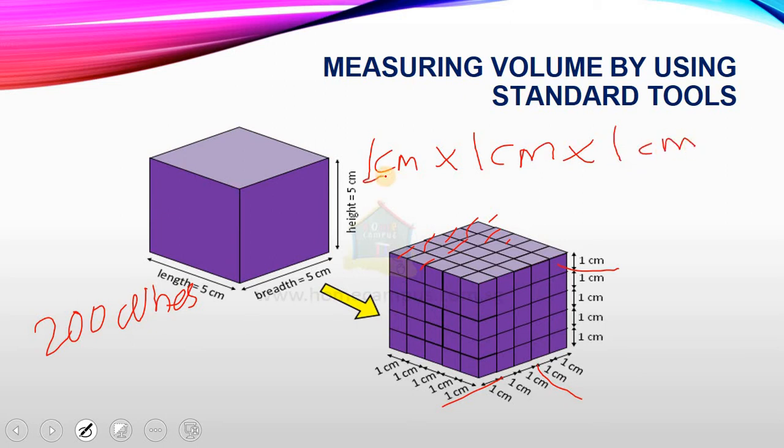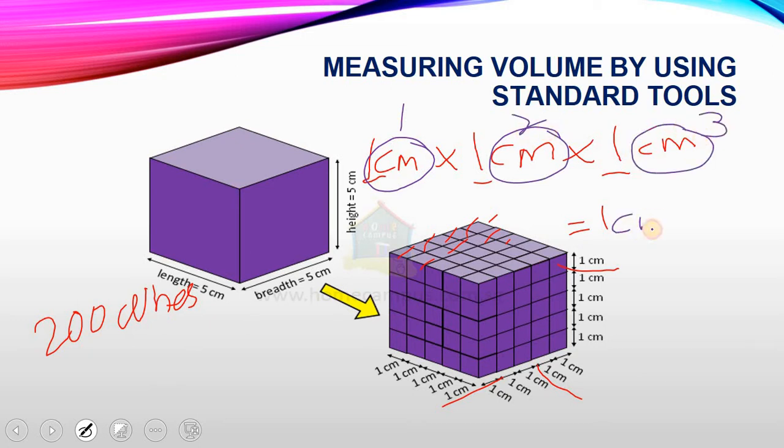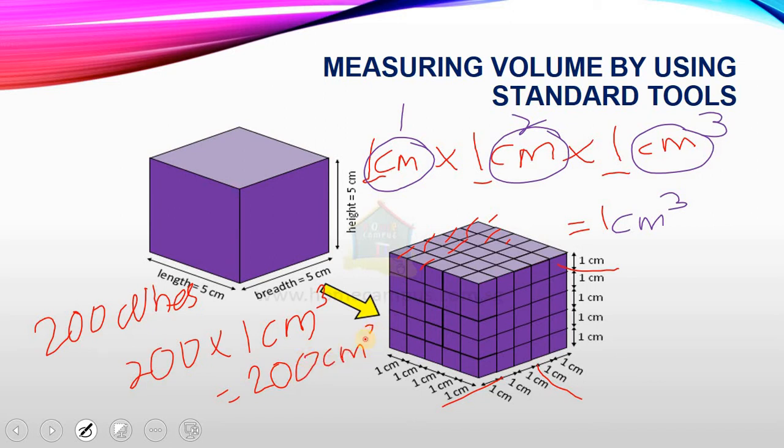So 1 darab 1 darab 1, jawapan dia adalah 1. Kita ada berapa cm here? We have 1, 2, 3. Kita ada 3 cm. So cm³. So you only have to calculate 200 darab 1 cm³. Dapatlah jawapan dia 200 cm³.